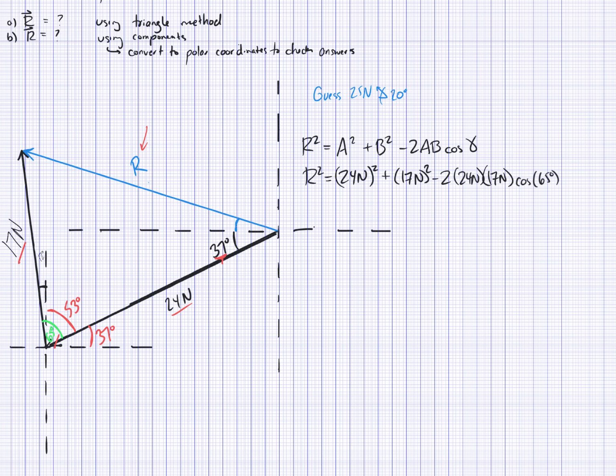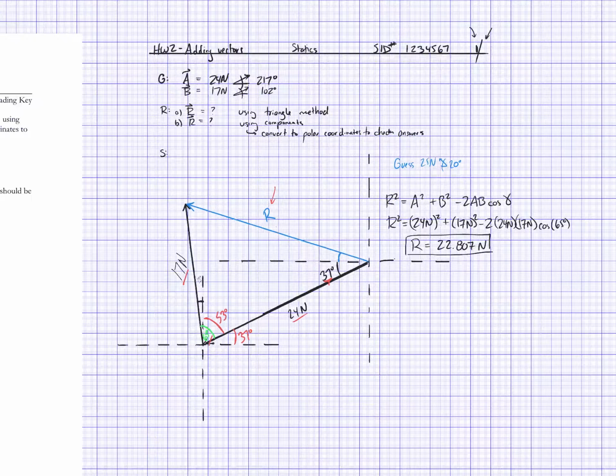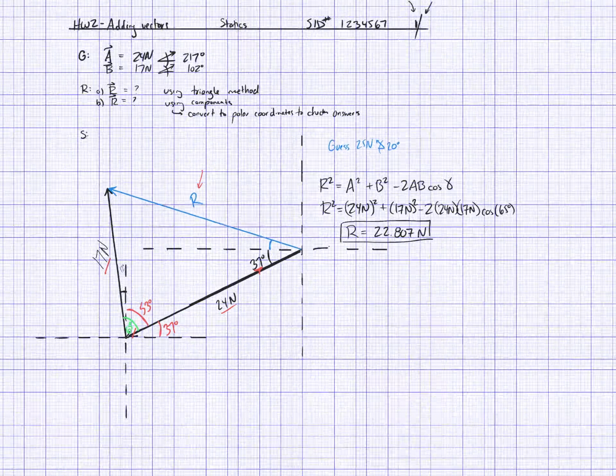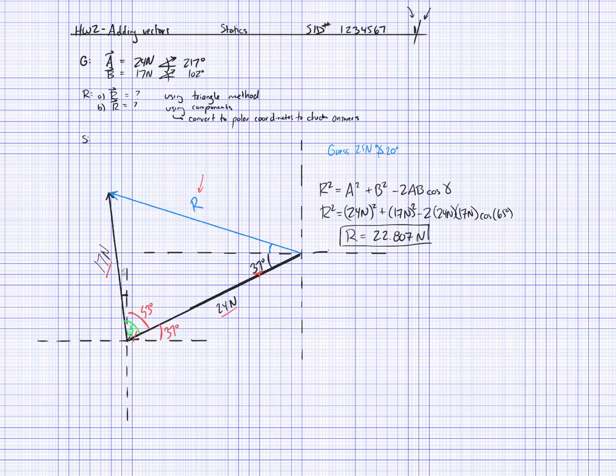If we solve that all the way, I'm going to get R equals 22.807 newtons. Obviously we're going to want to report that with 3 sig figs, but let's keep them all the way down.